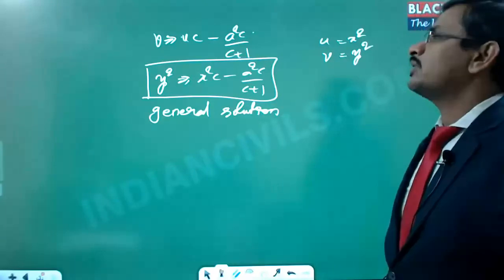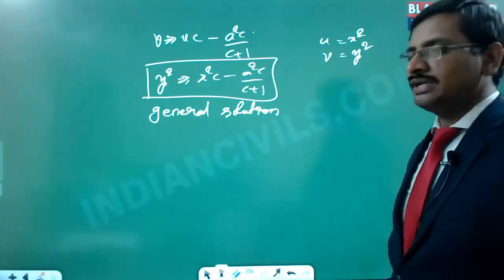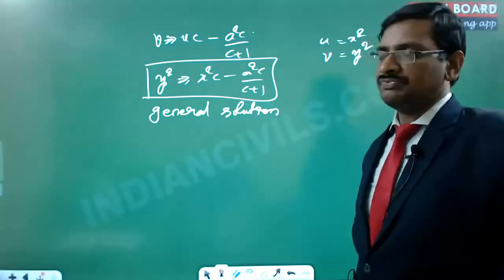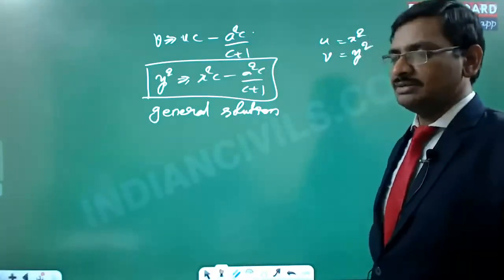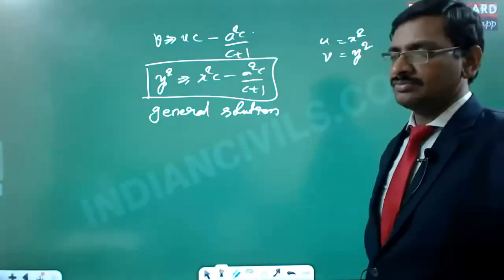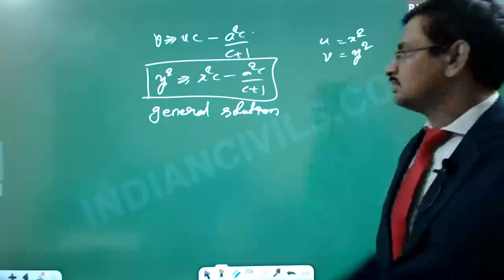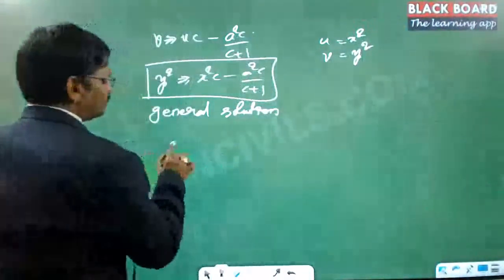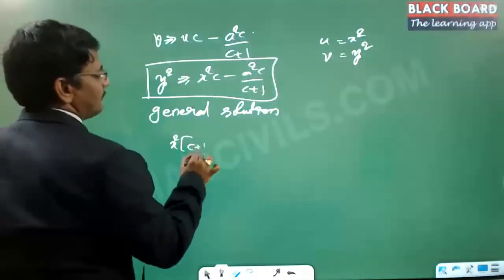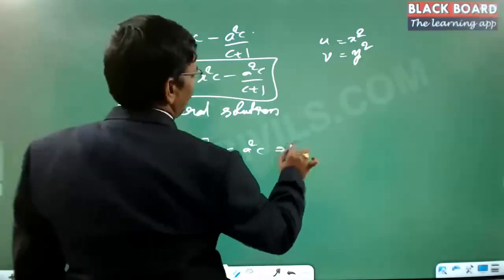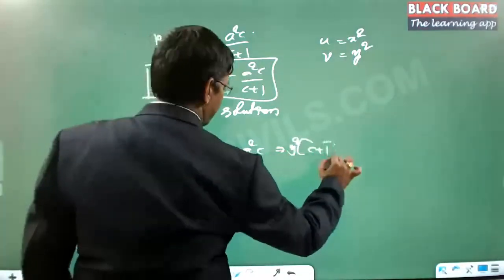Right? So can you try to identify the singular solution, if it exists, for this? What about the singular solution? You can use the C discriminant format, right? So if you want to identify the singular solution, so x square into c plus 1 into c minus a square c is equal to y square into c plus 1.